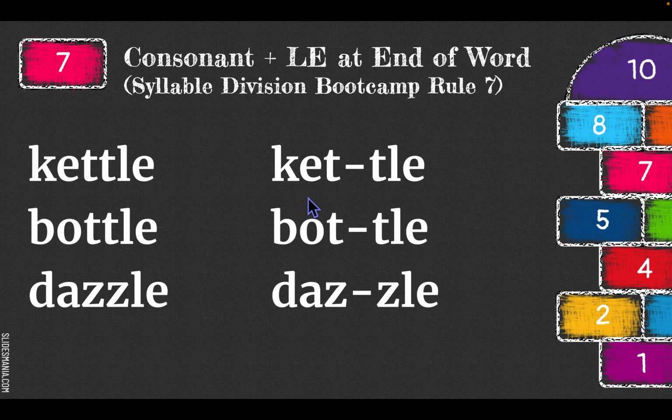Now, when English speakers are speaking quickly, the double T sound here often sounds more like a D. So while the word is kettle, in reality, people will generally pronounce it more like kettle, bottle. Dazzle will still retain the Z sound.